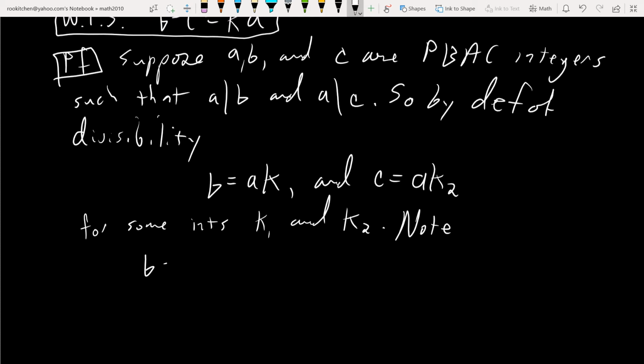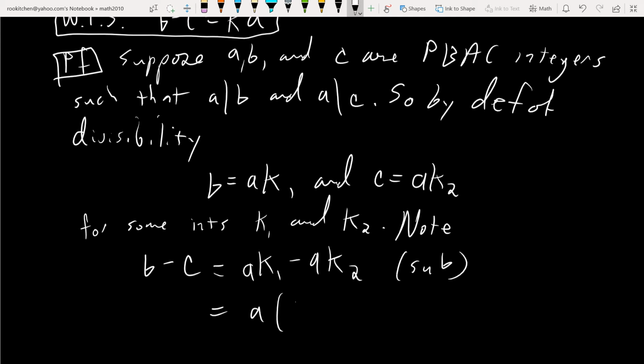Note B minus C is equal to, by substitution, AK1 minus AK2. So that's just a substitution. And then that'll be equal to, well, you can just use the distributive property to rewrite it as that.